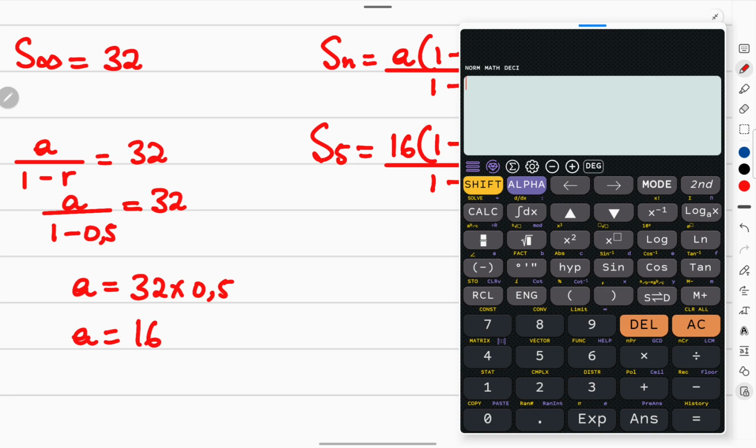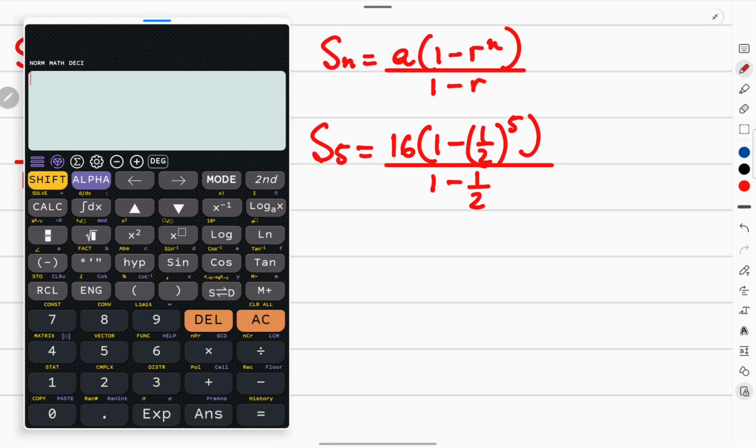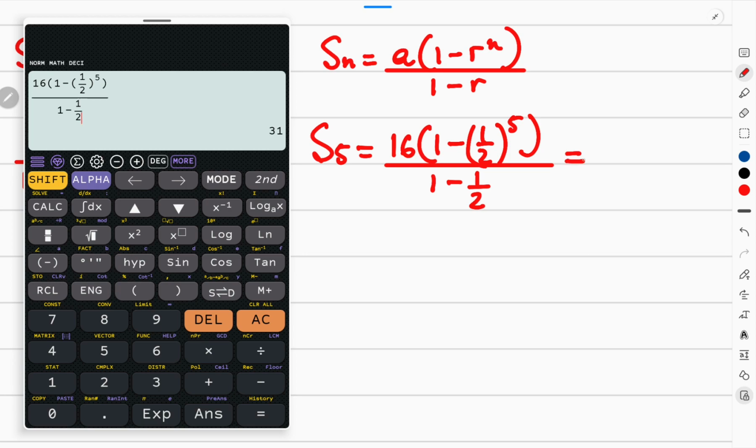So onto our calculator, we can substitute 16 into 1 minus half to the power 5, over 1 minus half. So the answer is 31.